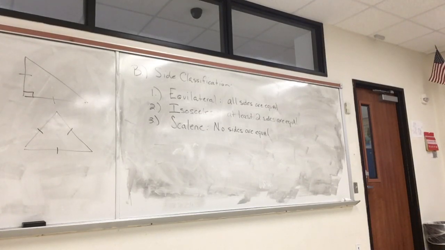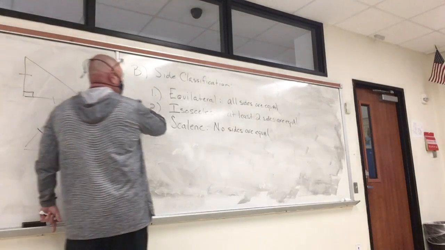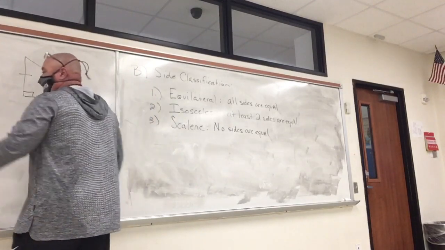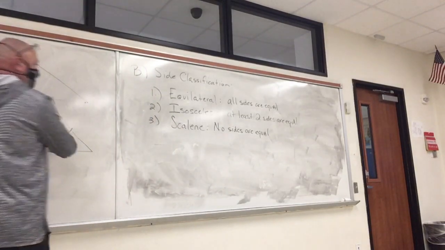Why is it equiangular? Because if all the sides are equal, then all the angles are equal. And if the angles are equal, they're all 60. So it's acute, equiangular. What else is it? Equilateral. What else is it? It's one more. It's isosceles. So this triangle right here is an isosceles, equilateral, equiangular, acute triangle.